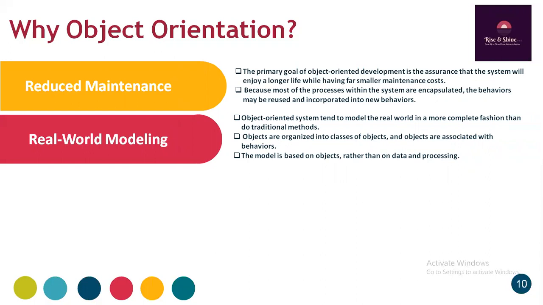In the real world banking system there are customers, real world entities, and in the banking system we are developing there is also a customer object. So real world modeling is there. We are not doing anything hypothetical or procedural; we are modeling the real world.